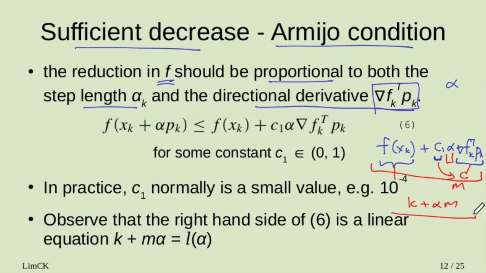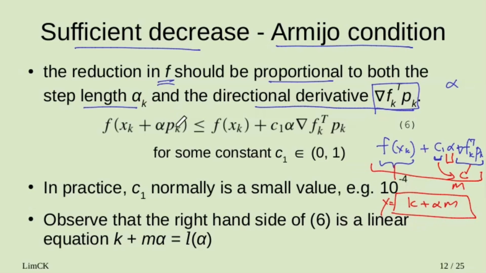When you see this, you know this is a linear equation, just like y equal to k plus alpha m, where m is the gradient, k is the intercept, and alpha is the s. Sorry, it's the s, the variable.